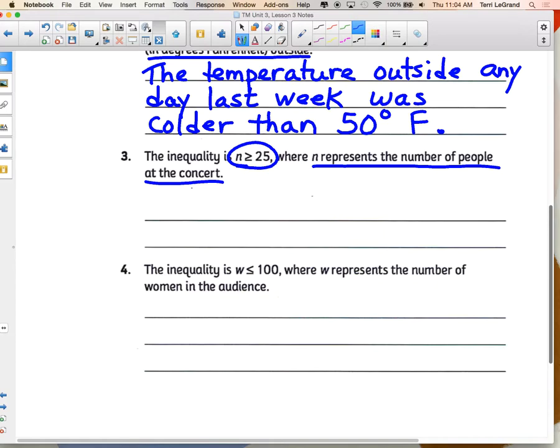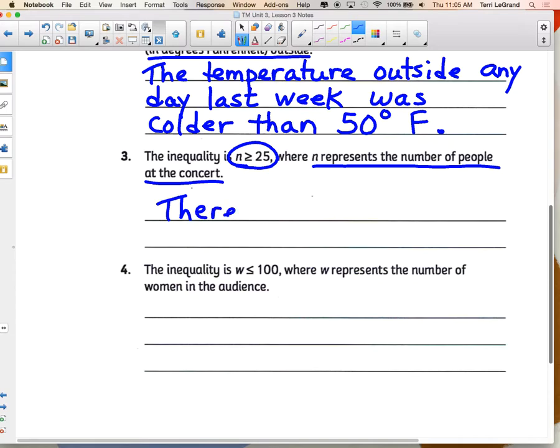We know that the endpoint is 25. What else do we know? We know that it's more than or equal to, but that's not how we want to say it in the statement. So Dan? There were at least? There you go. So all we had to do is change the words to at least.